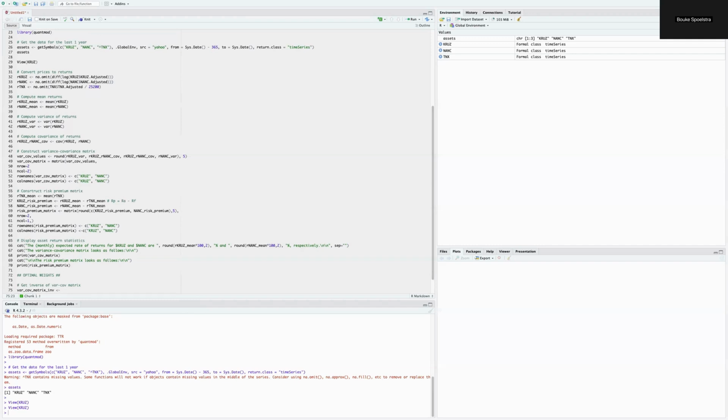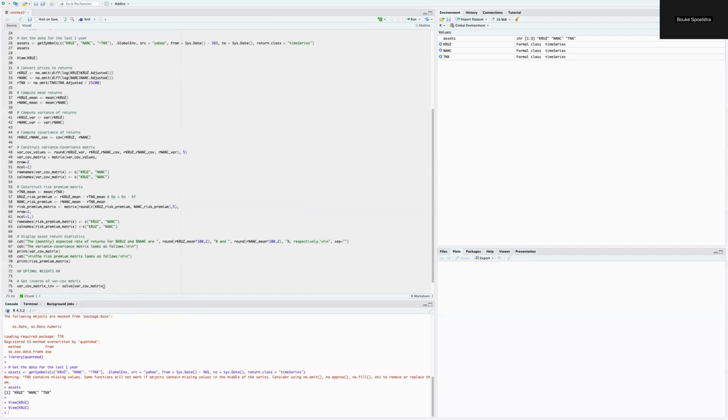Set that as solve. So when there's only one object in this solve argument, in the solve function, then it will just find the inverse of that.